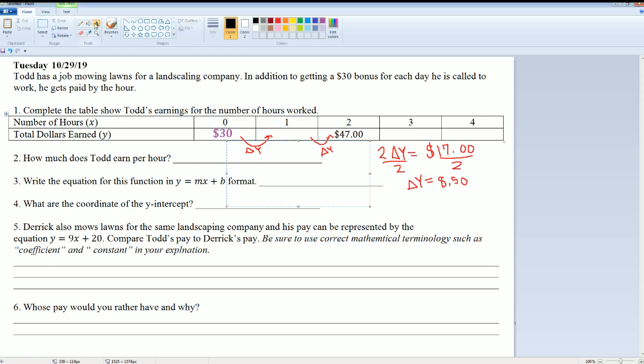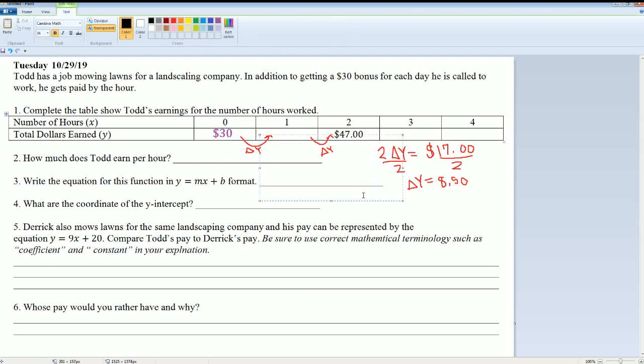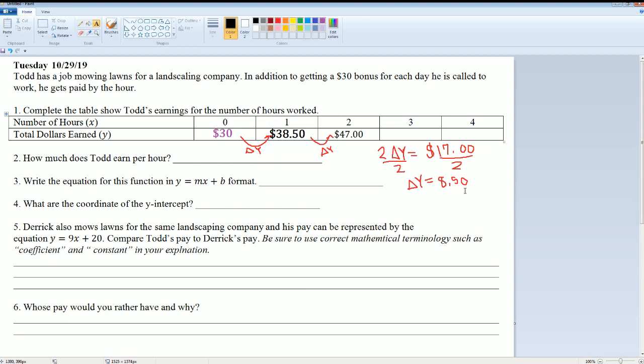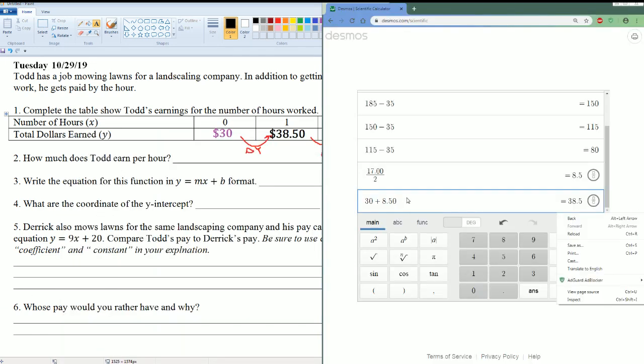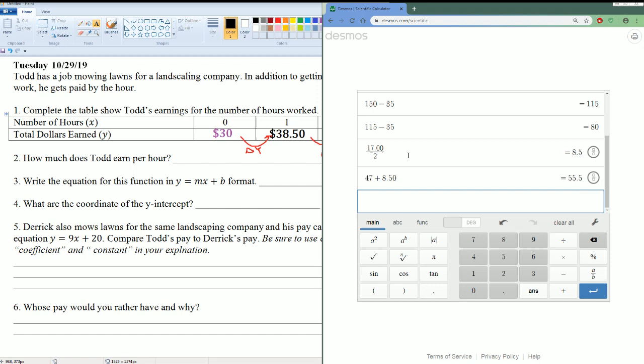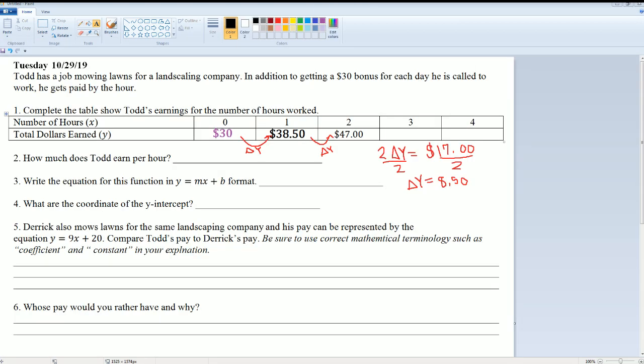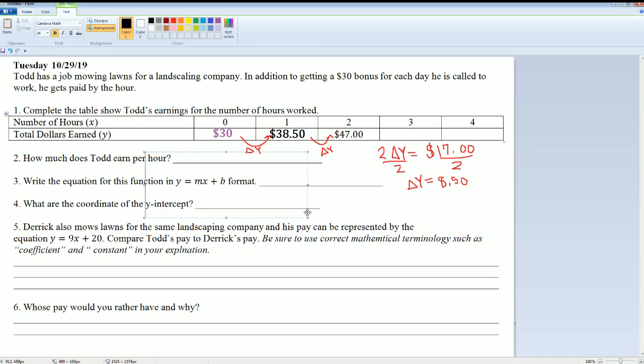So here we have $38.50. Then we add another delta y, which is $8.50, and we get $47. Then we get $47 plus $8.50, which gets us $55.50. We could write that for you there.